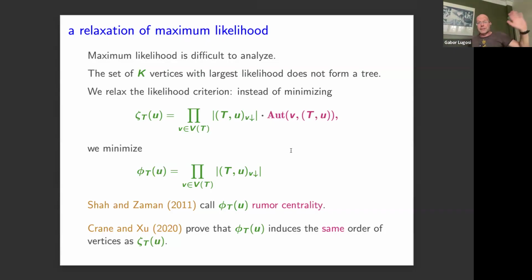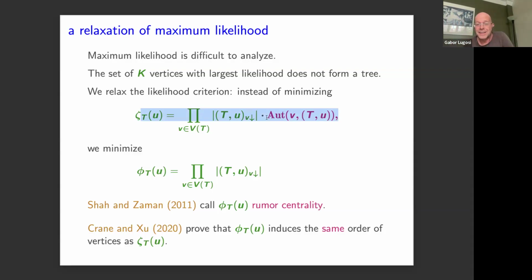In a different context, where they were looking at diffusions on regular trees, the maximum likelihood was also of this form. A few years after we published this result, a really surprising, beautiful result of Crane and Su showed that if you order vertices according to rumor centrality, and if you order vertices according to this likelihood measure, then the ordering is exactly the same, no matter what trees we look at.